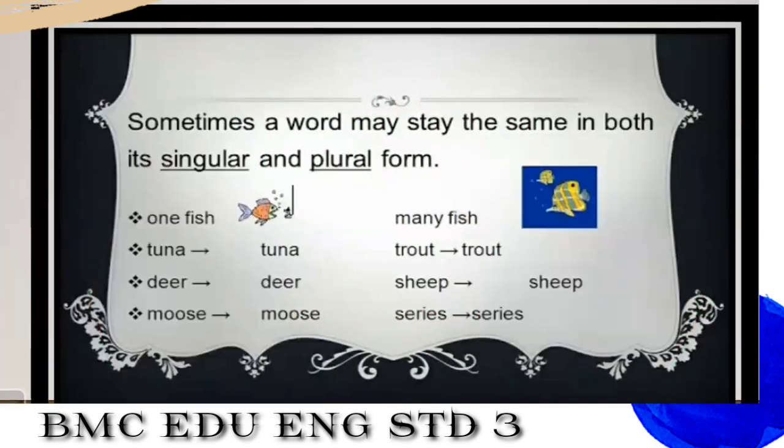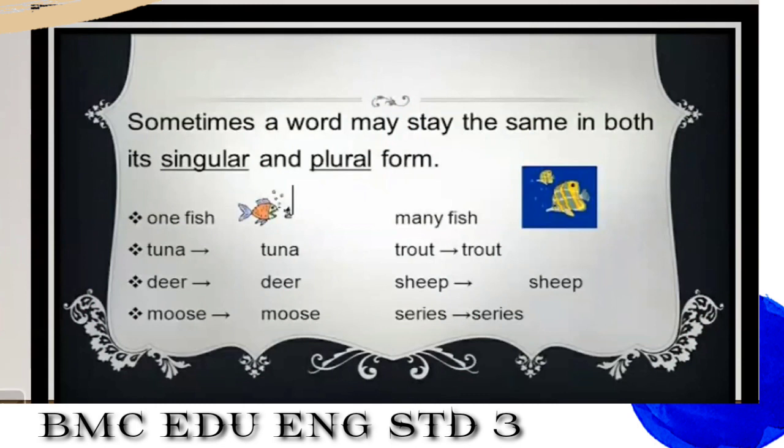And sometimes a word may stay the same in both singular and plural. Sometimes what happens, the spelling remains same. There is no change. For example, fish, fish. Tuna, tuna. Deer, deer. The plural form of deer will be the same, deer. Moose will be the same, moose.